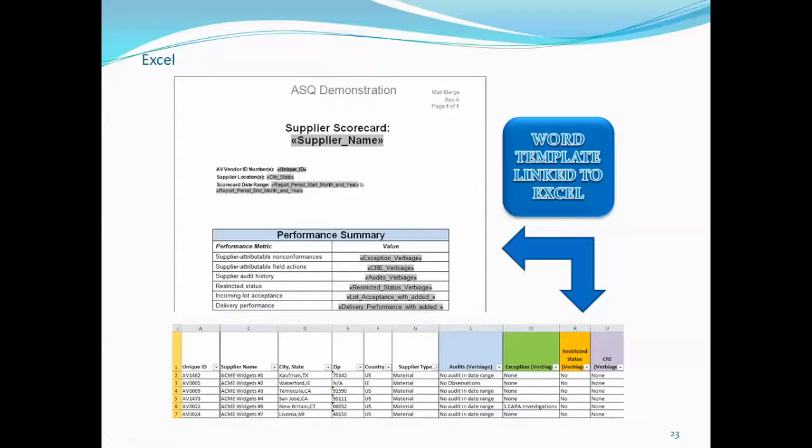All the macros I've talked about today, the VLOOKUPs, all of those features can be included in this Excel file and then exported very quickly and efficiently into a Word document. Again, it's a very, very powerful tool that we found very helpful.